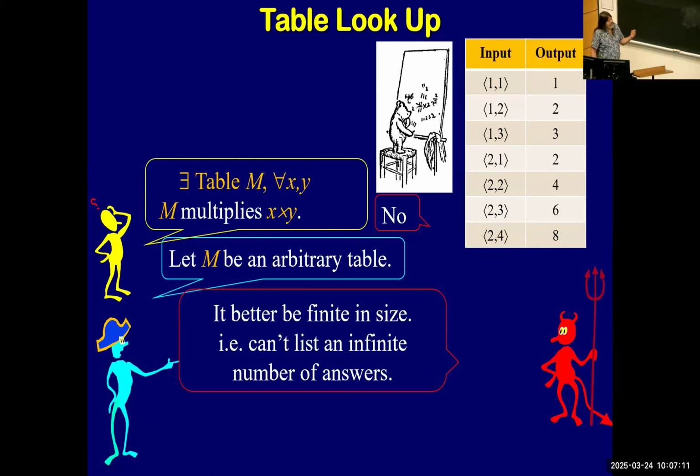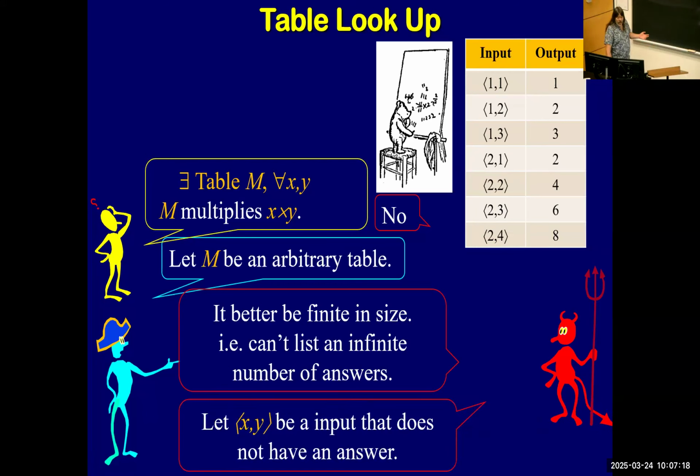It can't list them all. There are an infinite number of inputs, an infinite number of x and y's. So the adversary knows your table, and comes up with a pair x and y that aren't listed in the table.